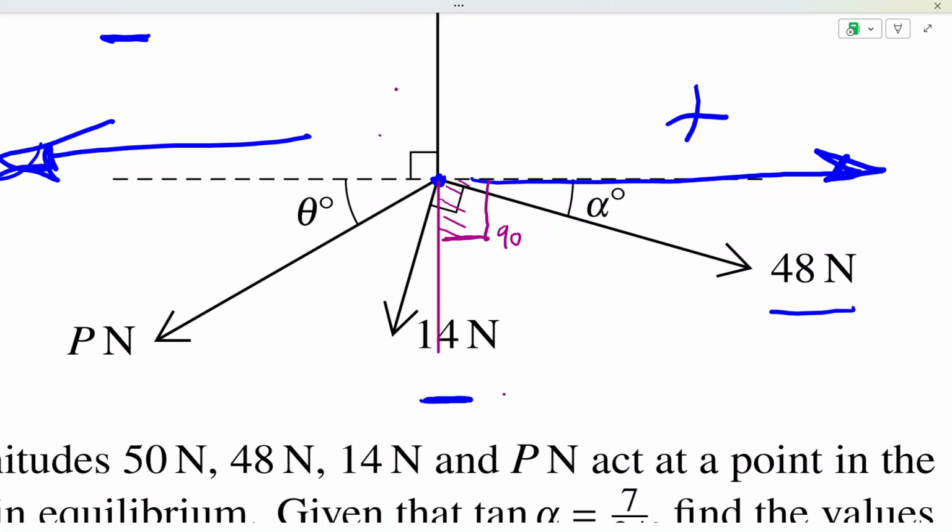Since that's 90, but we also know that this whole angle here is also equal to 90, right? Therefore, we know that this part here is 90, but I want to show you.